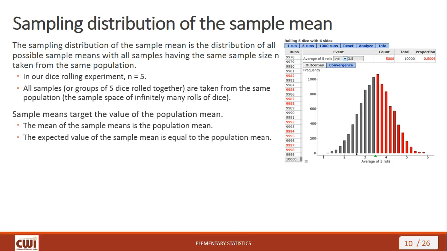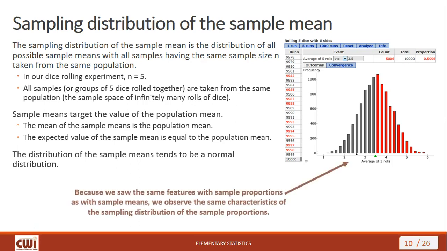The expected value of the sample mean is therefore equal to the population mean. The distribution of the sample means also tends to be a normal distribution. So all the tools that we've learned about so far here in Chapter 6, we can use when taking samples from a population and then calculating the mean values for each of those samples.